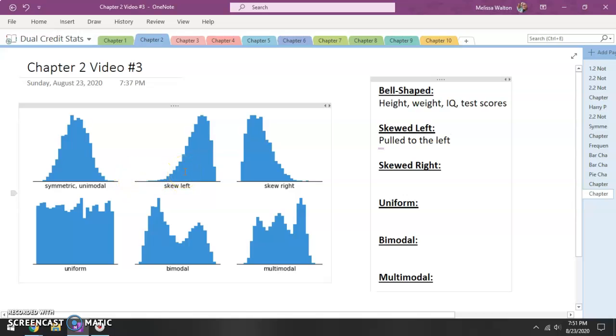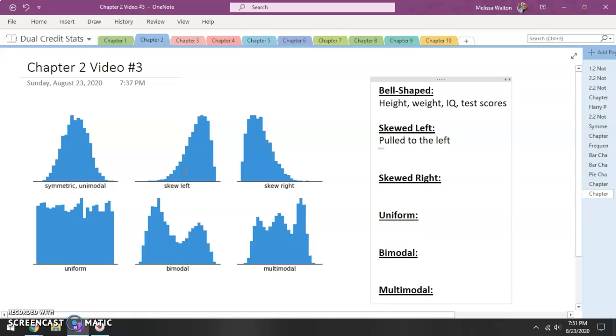Now let's talk about a few things that could be skewed left. The example that I'm going to use is hearing aid patients. Let's think about why I would use that. If you think of somebody who is using hearing aids, most often you would think of somebody who is old. The vast majority of people who use hearing aids are older.